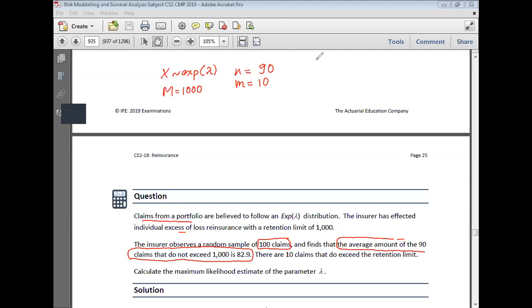So we will write L is equal to, or do we have to write the details also? L into bracket f, semicolon theta or lambda. Lambda, yeah, it's fine if you just write the parameter as well. Okay, is equal to capital pi, i is equal to 1 to 90.